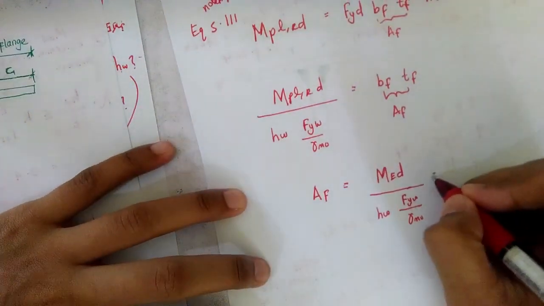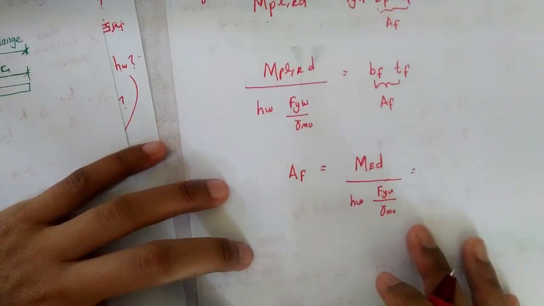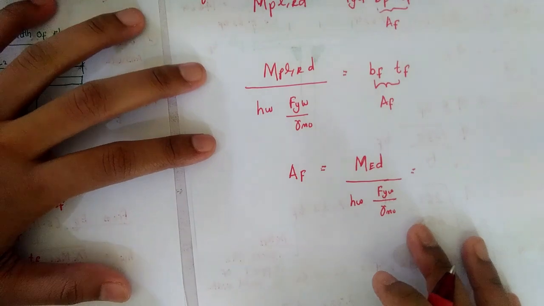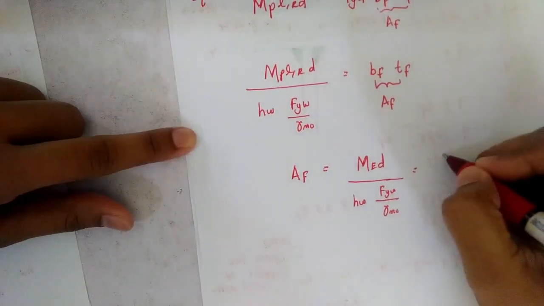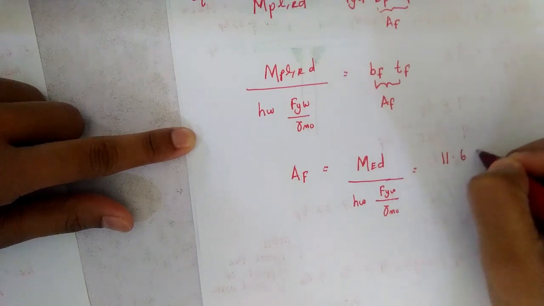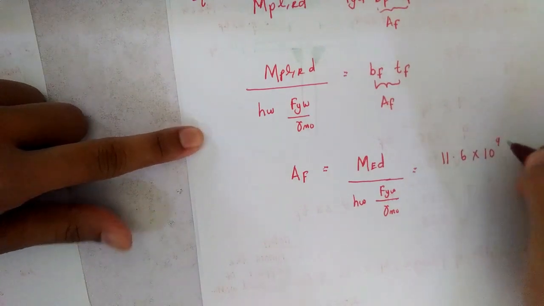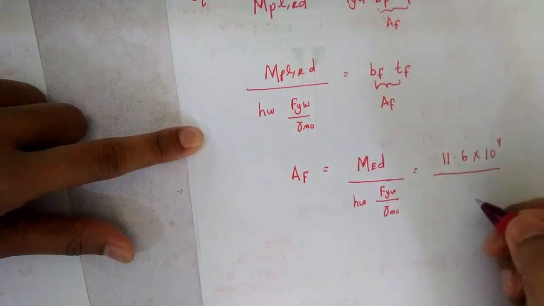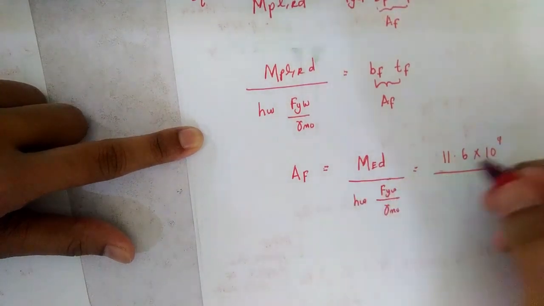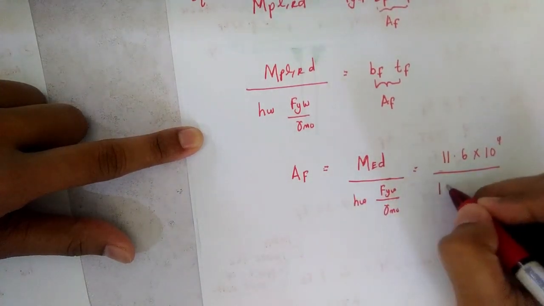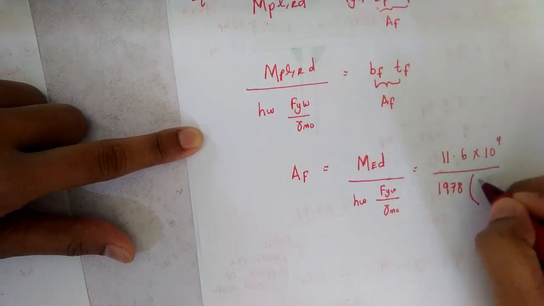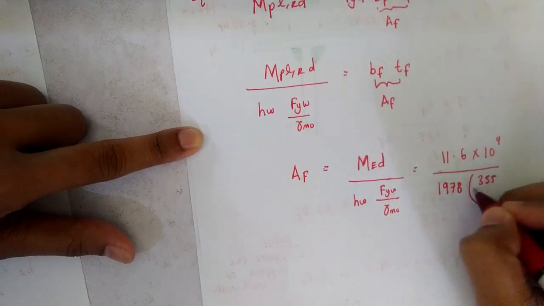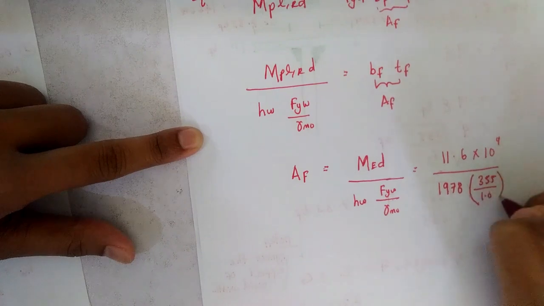Then substitute all the parameters that we have determined earlier: MED 11.6 times 10 to the power of 9, divided by your HW, which we already determined, 1978, times 355 over 1.0.